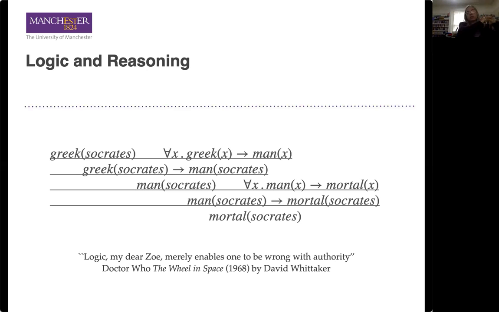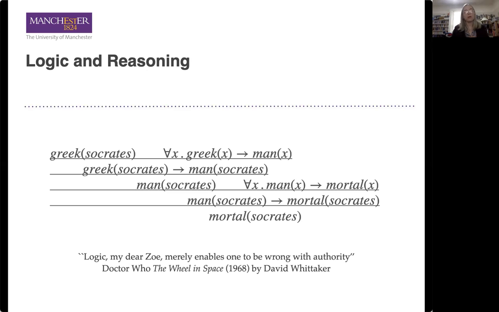We take Socrates, plug it into this for all x, and now we've got, if Socrates is Greek, then Socrates is a man. We know Socrates is Greek, so we can use that inference rule to deduce that Socrates is a man. Then we do the same thing again. For all x, if x is a man, x is mortal, then if Socrates is a man, Socrates is mortal. And finally, we deduce Socrates is mortal.